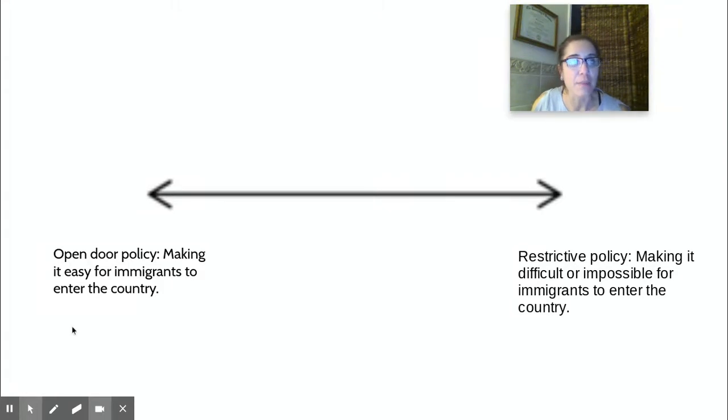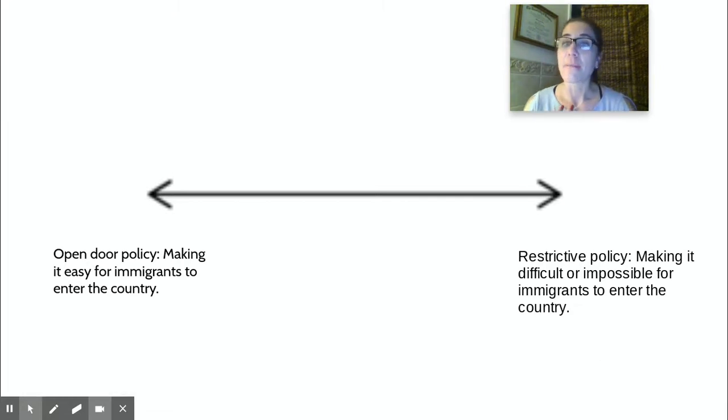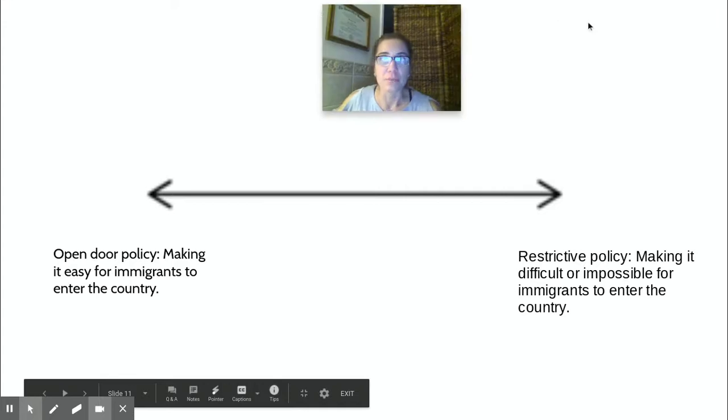On one end of the spectrum, there is something called an open door policy, which is making it easy for immigrants to enter the country. A restrictive policy is when all of their laws, procedures, and declarations make it difficult, or possibly impossible, for immigrants to enter their country.